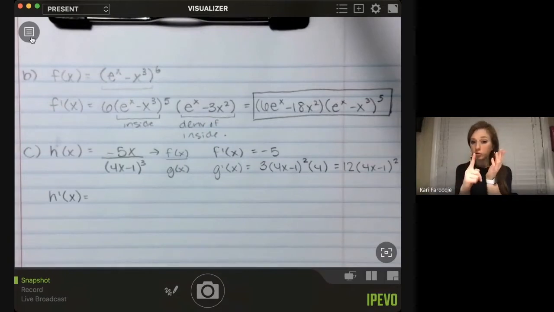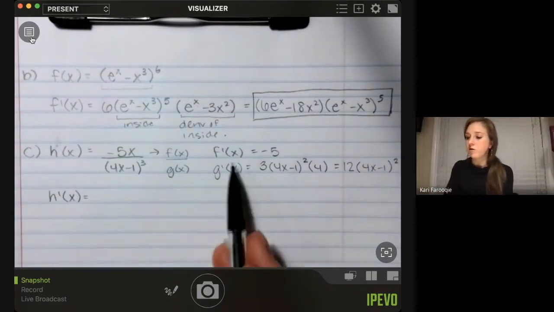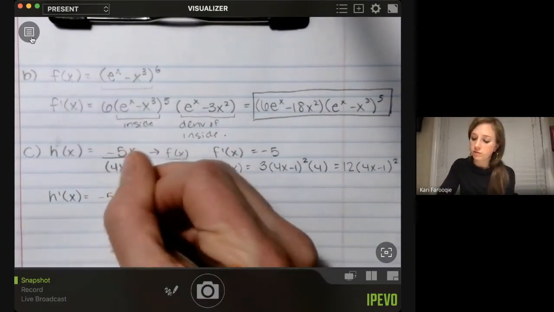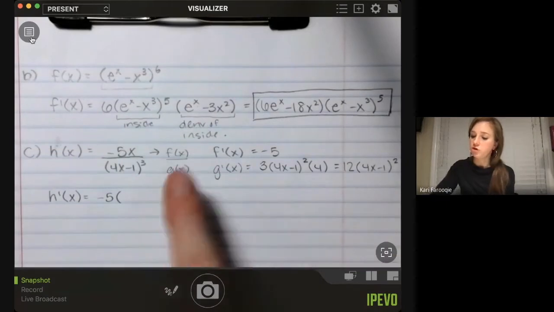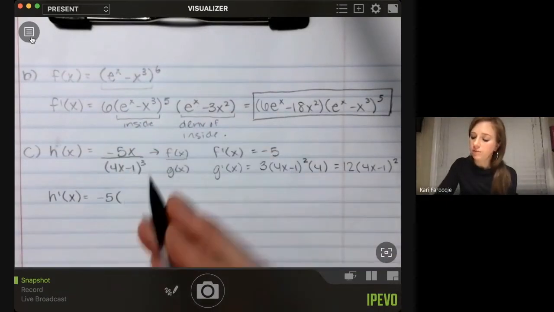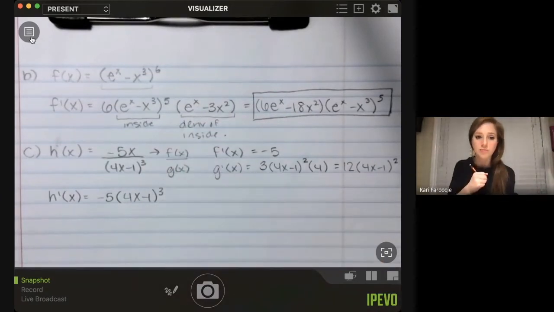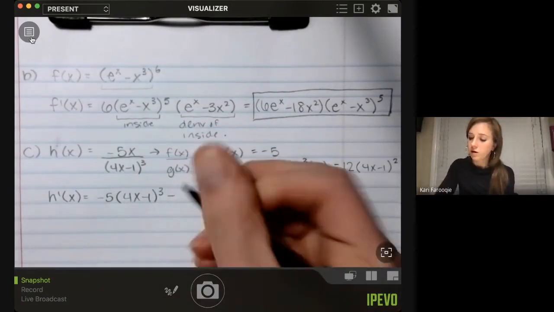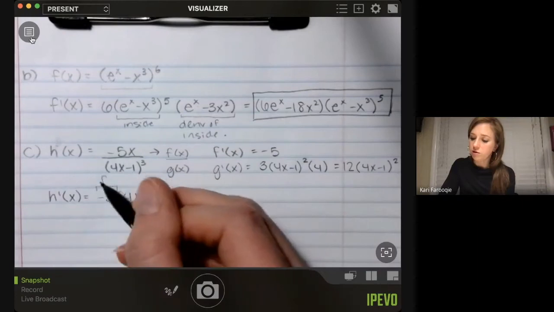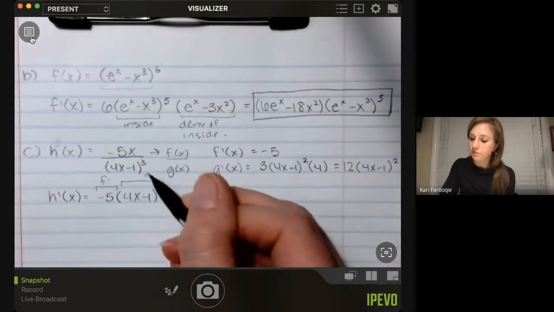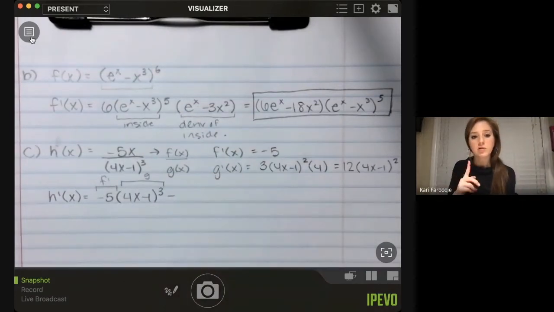Okay, so we're using the quotient rule here. So we're doing f prime g minus f g prime, divided by g squared. So f prime is negative 5. F prime g, g is (4x minus 1) cubed, minus, and if you're keeping track, here's f prime g minus f.